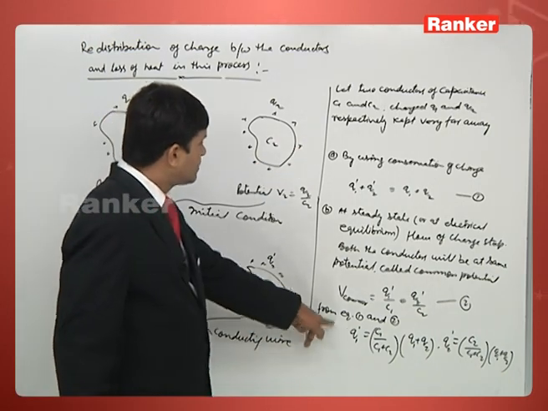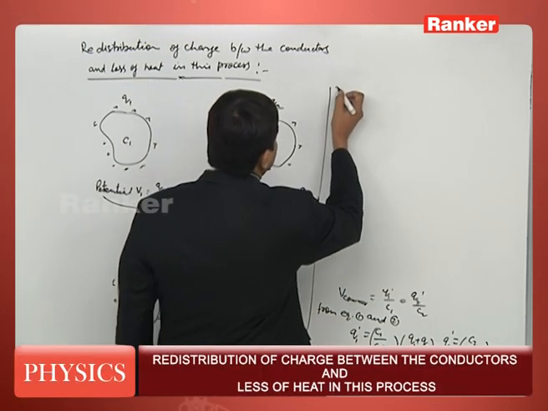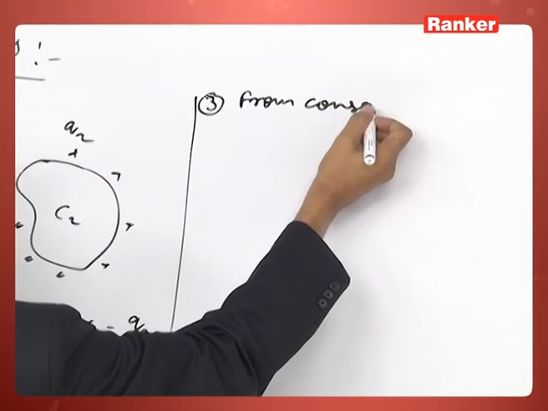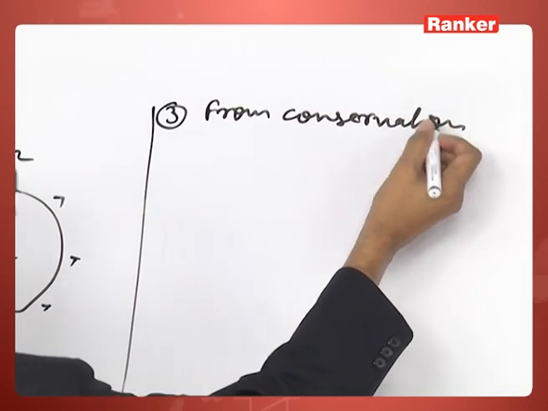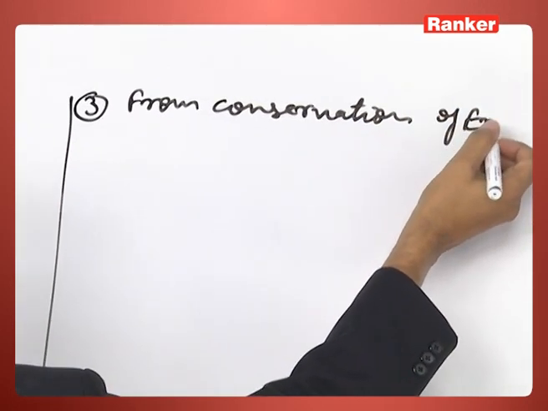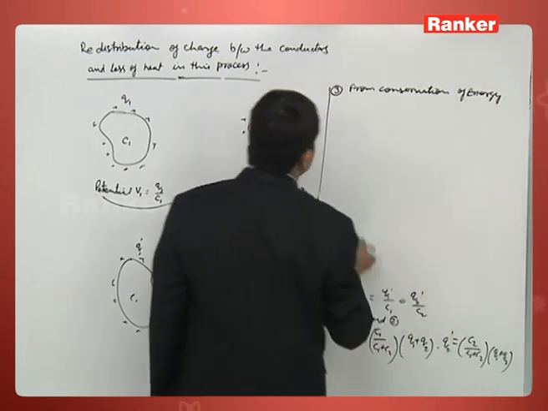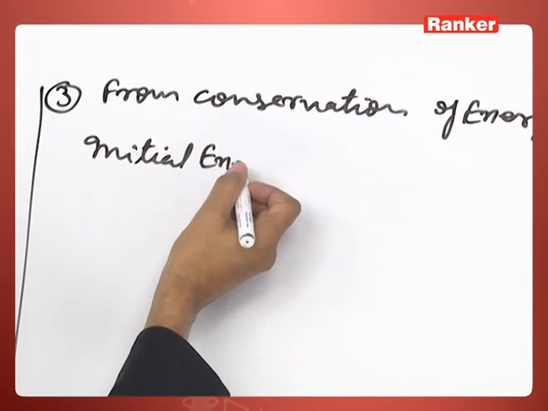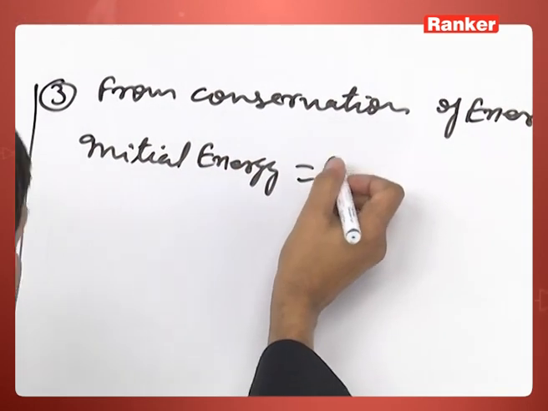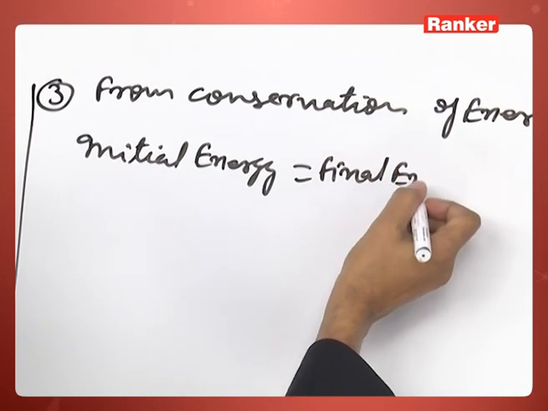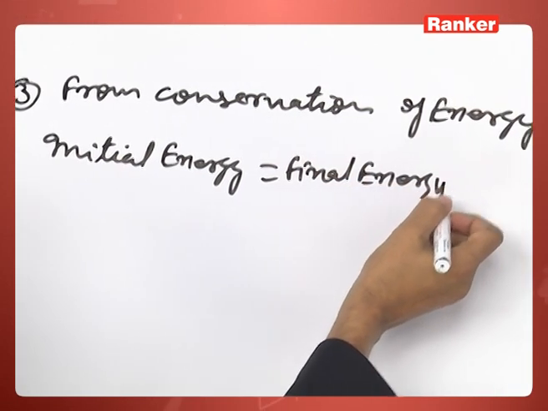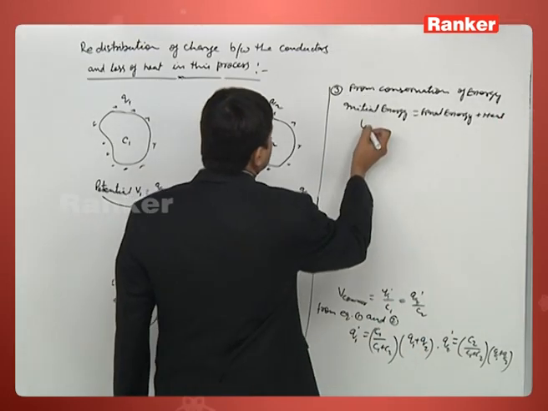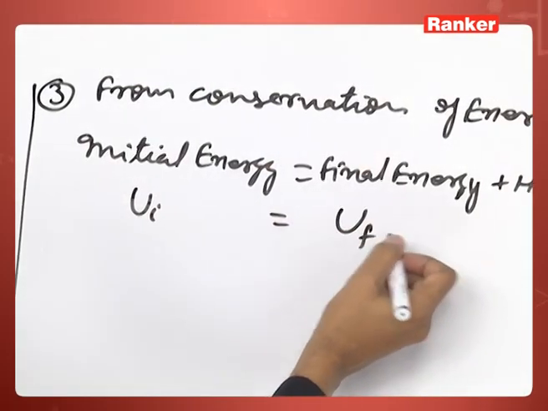Third equation, from conservation of energy, we can write initial energy is equal to final energy plus heat. It means U initial is U final plus heat.